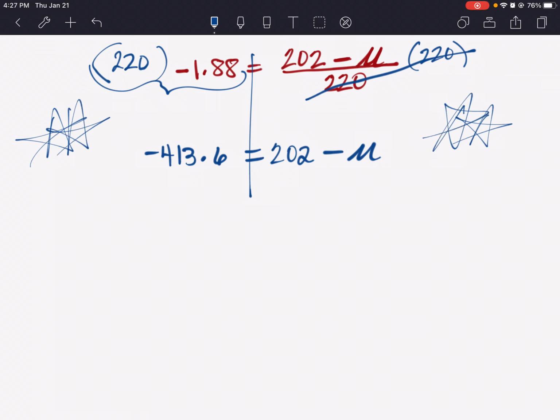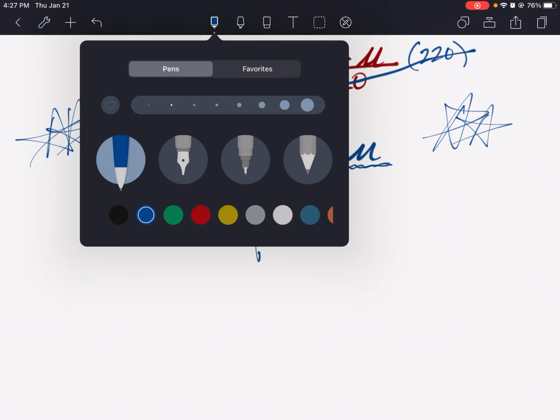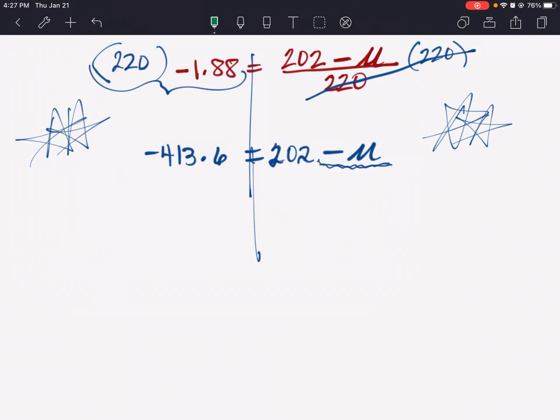You better not cry, because you're going to get your algebra right. All right, so here we go. We keep this minus the mean together, and instead I get rid of this positive 202. To get rid of that positive 202, I'm going to subtract it. Let me do different colors so we can see what's going on.